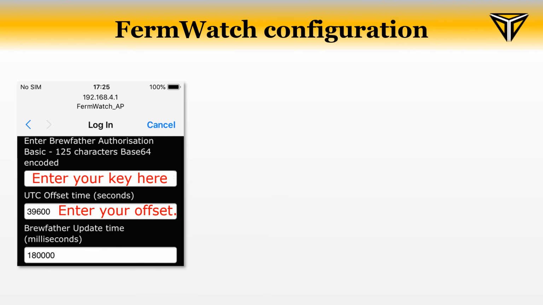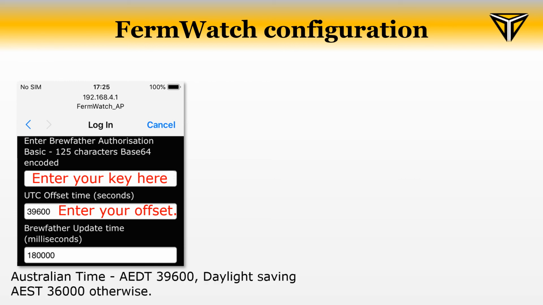So after setting your network up, there's some other information to be entered. You need to enter your authorization key. And a tip here is that if you copy that information to the clipboard ready to paste in, it makes life a lot easier. Then there's the ability to set your time zone. Now, Google is your friend here.